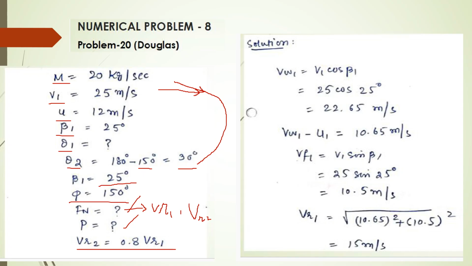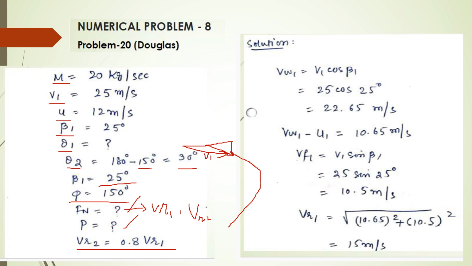If we go back, I'm drawing it again. So we have VR1 and we have V1.